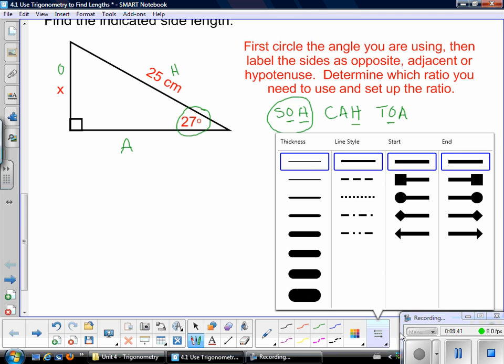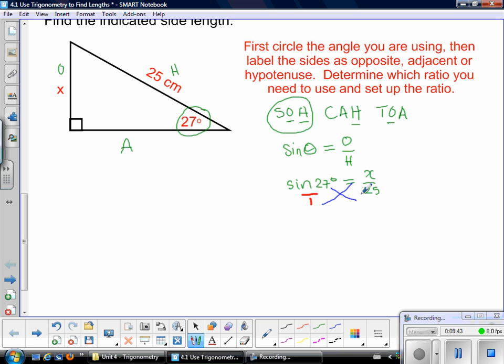So I'm going to have 1 times x is going to equal 25 times sine of 27, 25 times the sine of 27 degrees. So all I need to do now is bring up my calculator and actually calculate this.